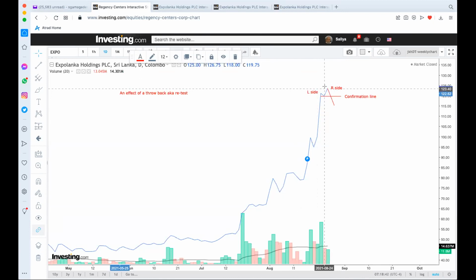Now, once that reversal takes place and the price is breaking down below the confirmation line, we can wait for the retesting of this line back again, meaning it goes up to test this or somewhere here.